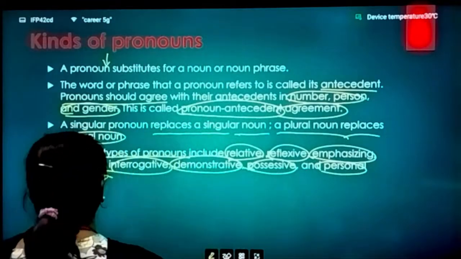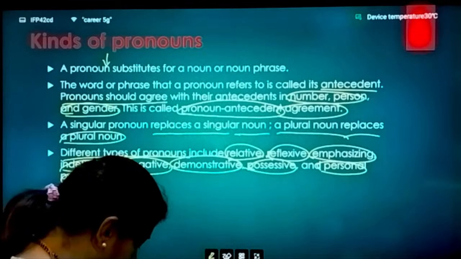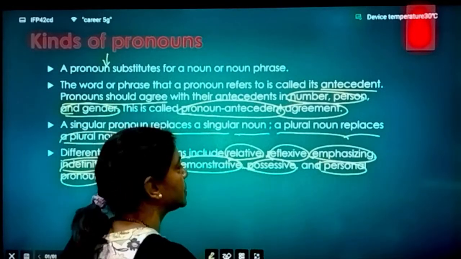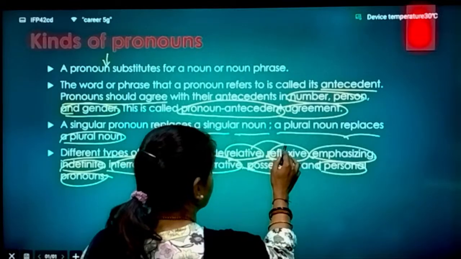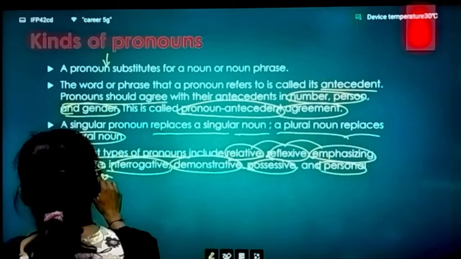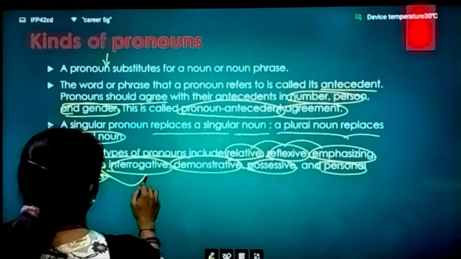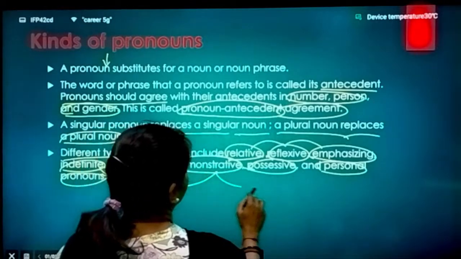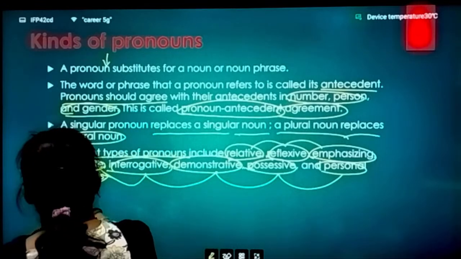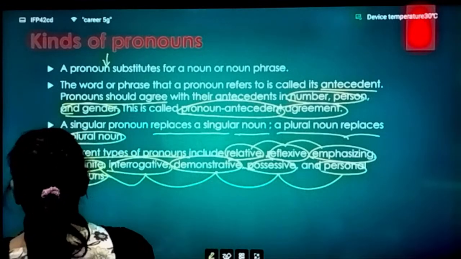So once again, the types of pronouns include relative, reflexive, emphasizing, indefinite, interrogative, demonstrative, possessive, and personal. So these are all the types of pronouns.